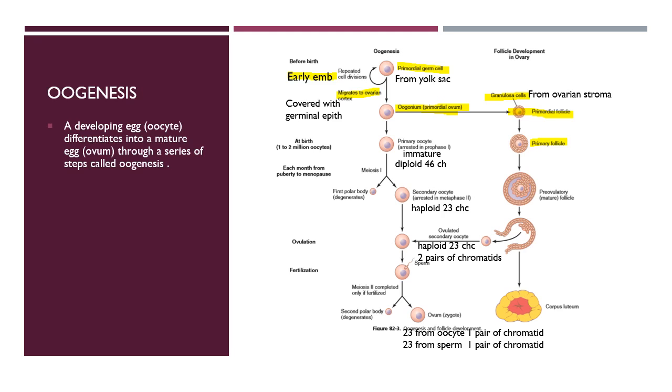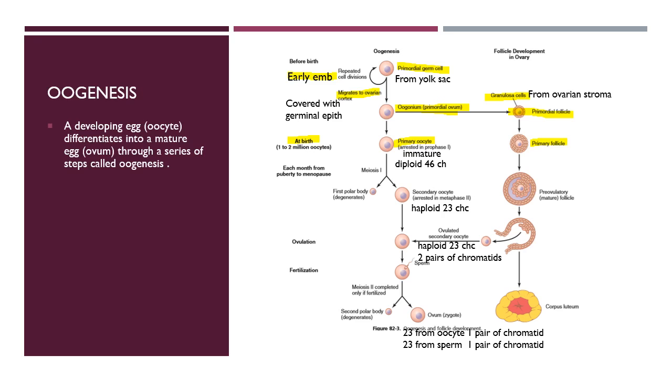So at birth, we will have a primary oocyte that has completed mitosis. Proliferation has now ceased, and it enters the first stage of meiosis and then a rest.